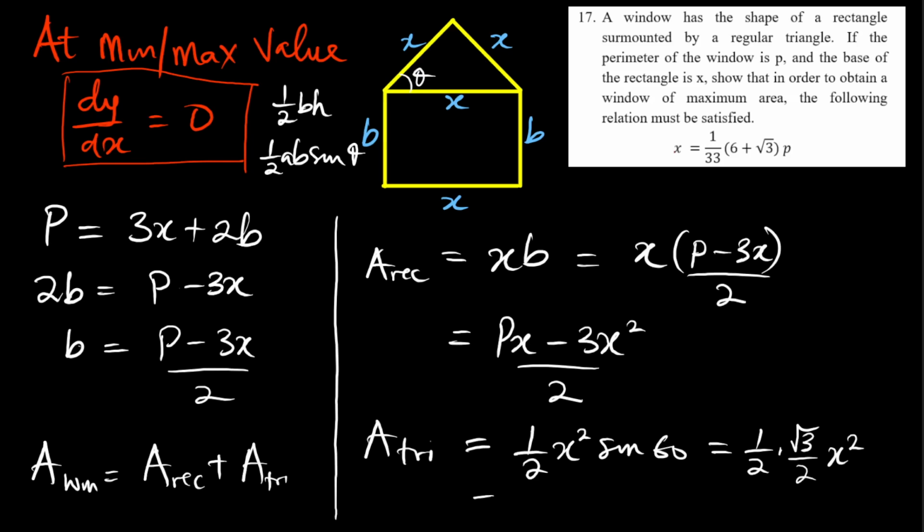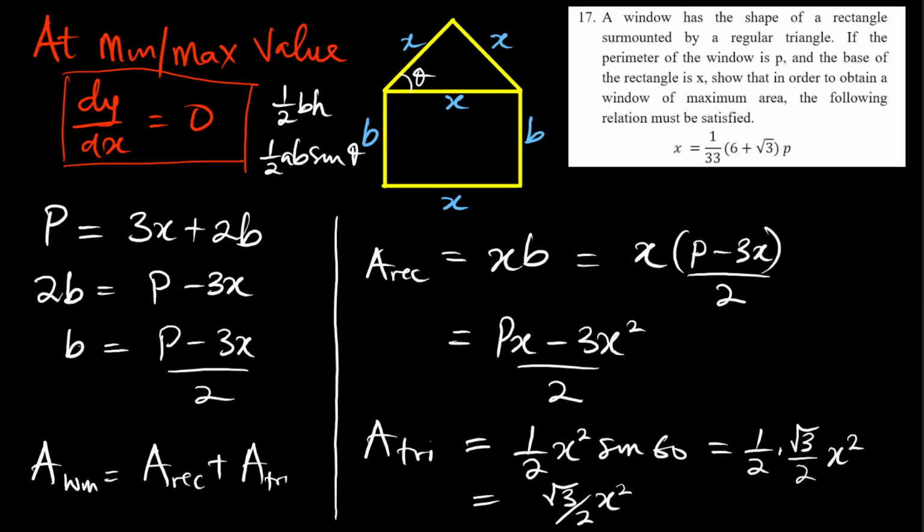And at the end of the day, this will give us root 3 over 4 x squared. So now we have gotten the area of the triangle, we've gotten the area of the rectangle.